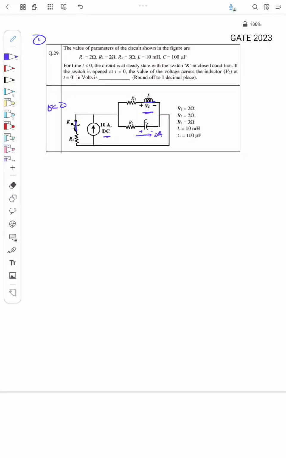So I will just redraw this circuit for t less than 0, right? So the switch is closed. I have the resistor R3, which is equal to 3 ohm. There is a DC current here, that is 10 ampere. This is the resistor R1, which is 2 ohm, and the inductor I will draw like a short circuit because at steady state it's like a short.